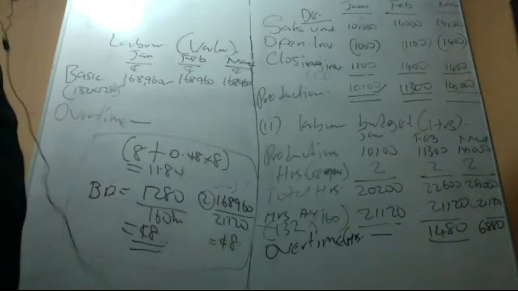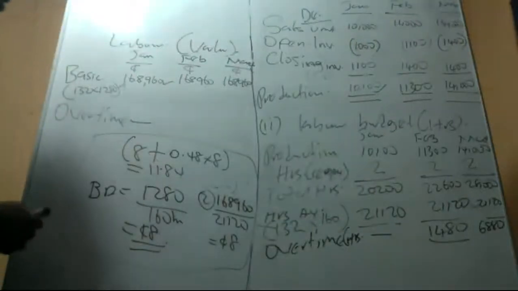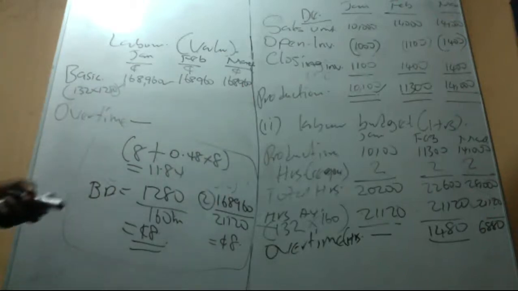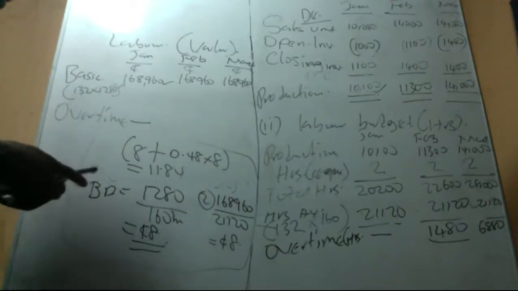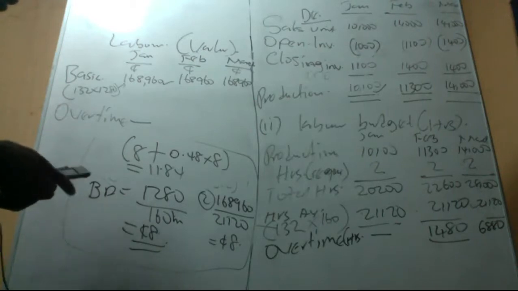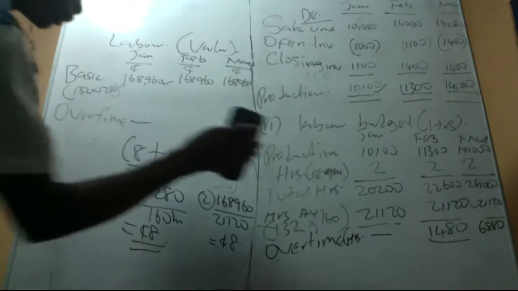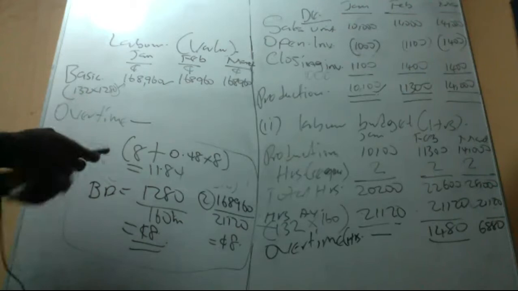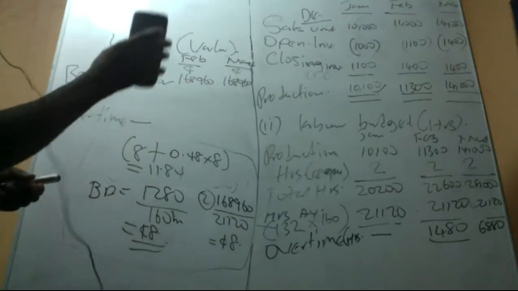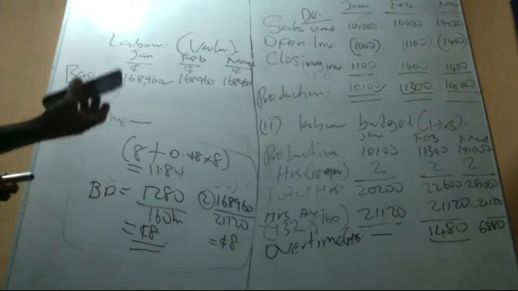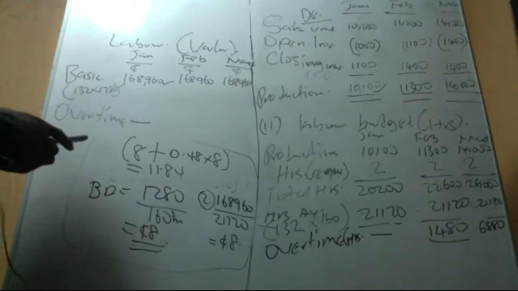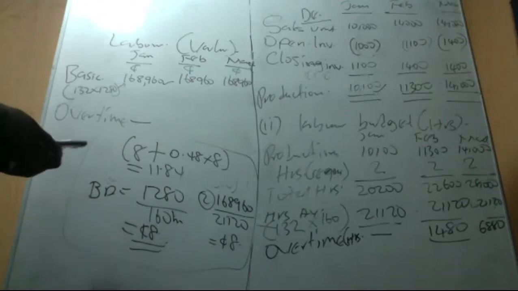When you go to February, it will be 1,480 hours times the overtime rate, which is 11.84 times 1,480.